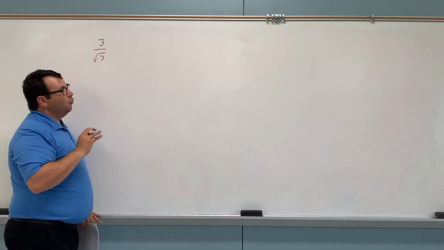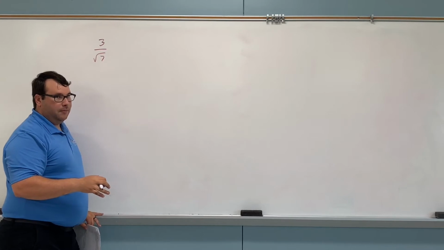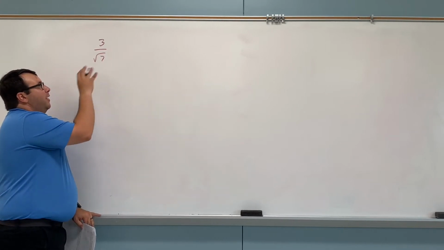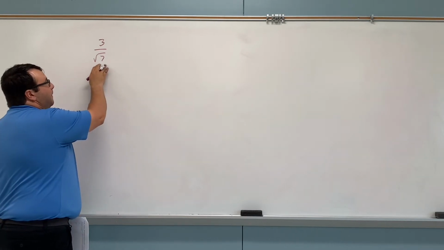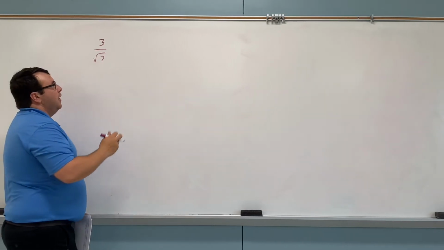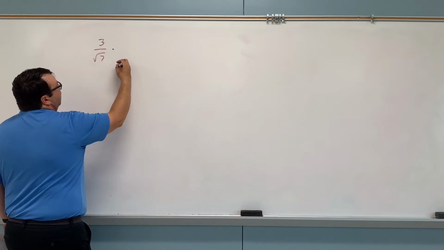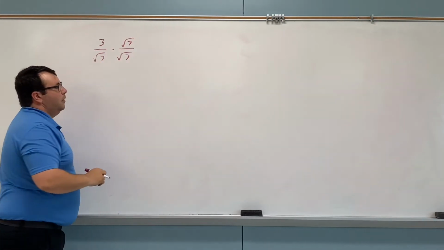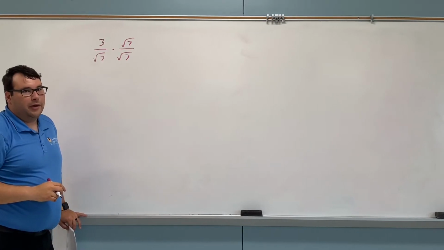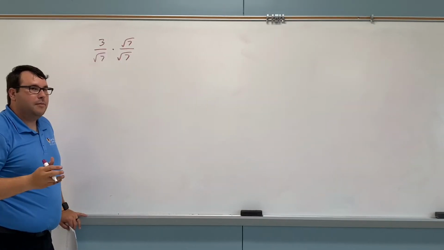The process of rationalizing a denominator is simply clearing out any kind of radical value. If you're dealing with a monomial term like this, it's super easy. You multiply by the square root of 7 to both numerator and denominator. Why, you might ask?